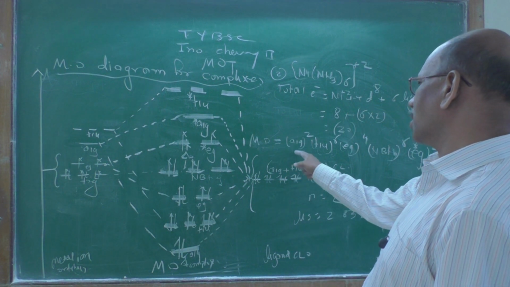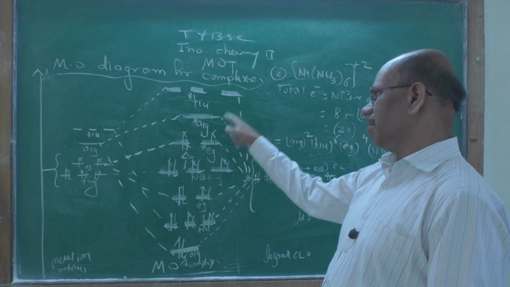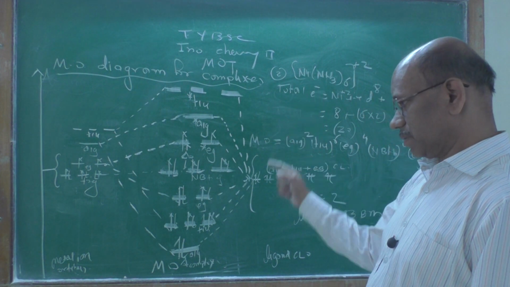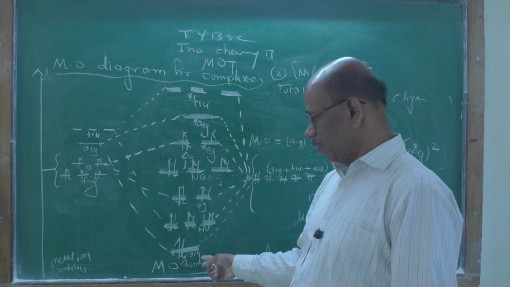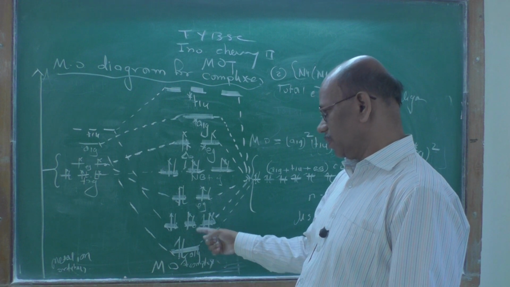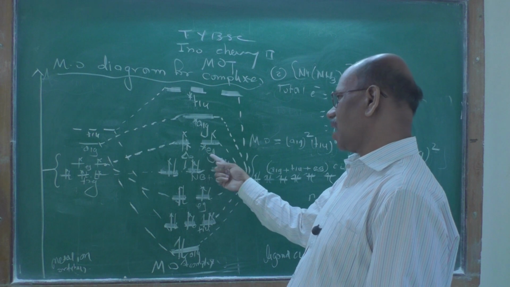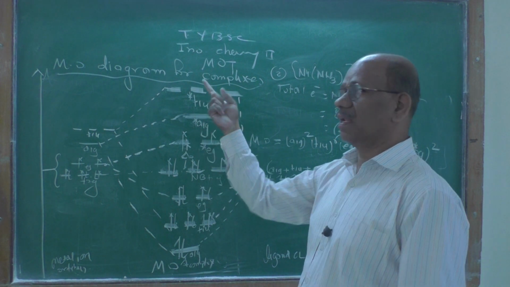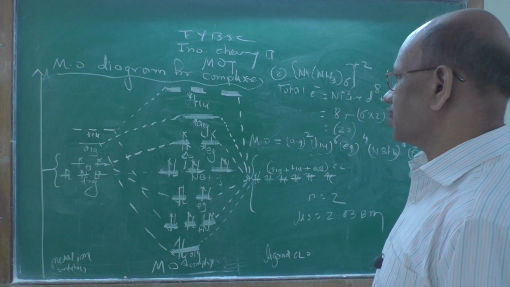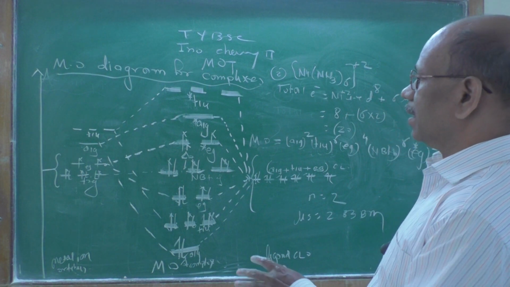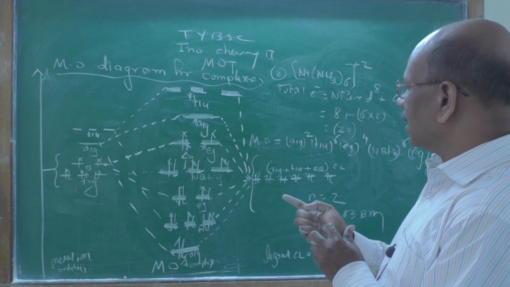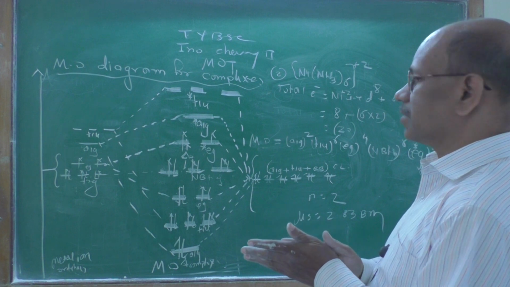The MO configuration in increasing order, you remember the sequence: a1g has low energy, then t1u, then eg, then non-bonding t2g, then eg star, then a1g star, and finally t1u star. So this is the second example, hexaamminenickel(II).